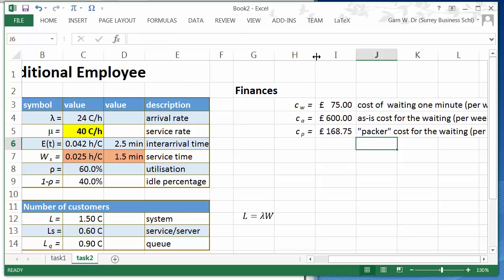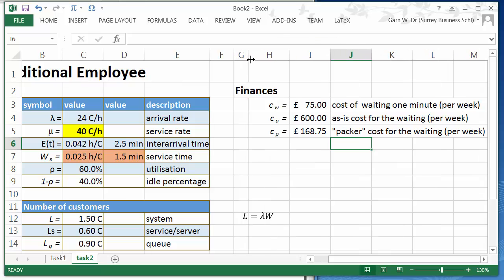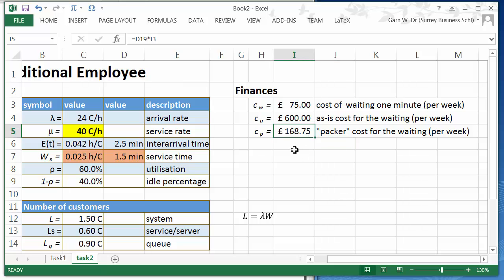Which means, what does that mean actually? We have to pay that packer as well. So these are just the waiting costs, but we don't know yet whether it's really cheaper. But just from a waiting point of view, this difference is substantial.